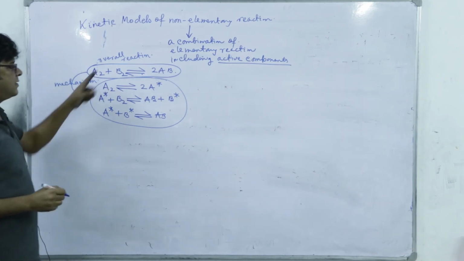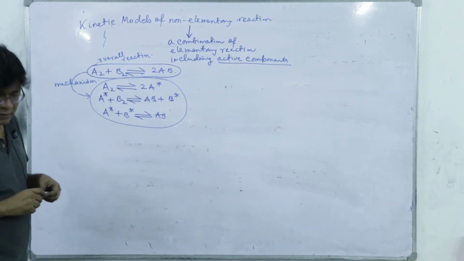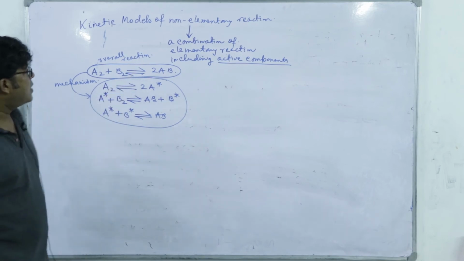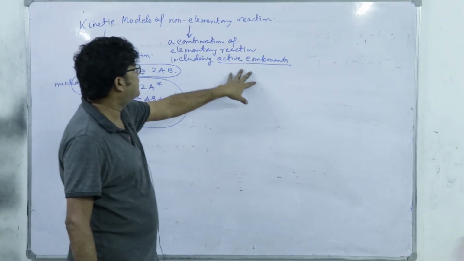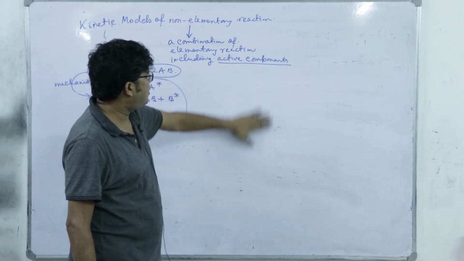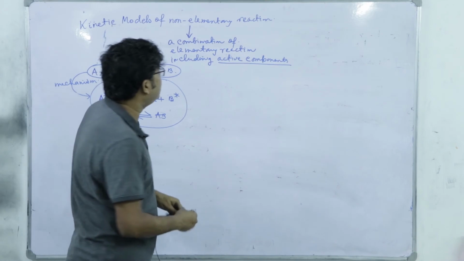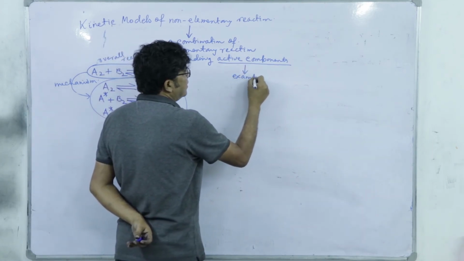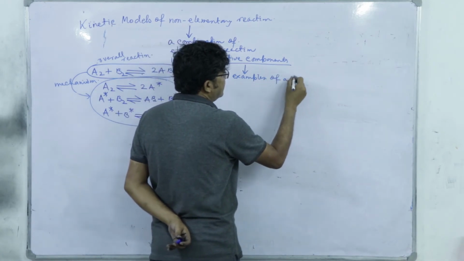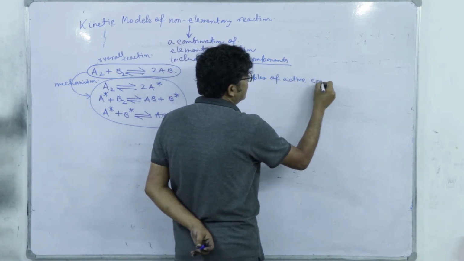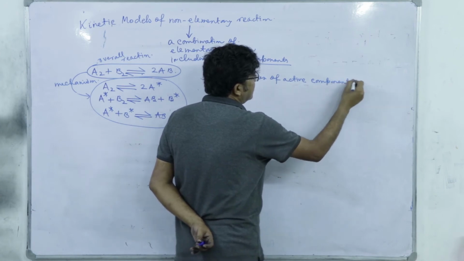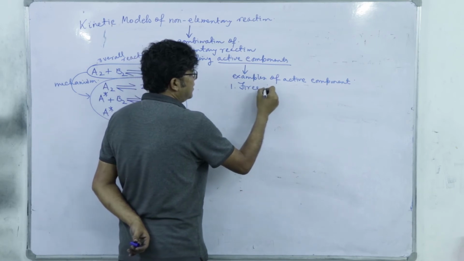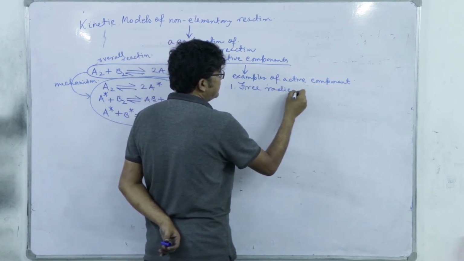Now the question is whether this mechanism is correct or wrong, which we have to justify through quantitative analysis. But before that, just a bit of chemistry, we have to understand what the typical examples of active components are. First, as we just mentioned, free radicals.